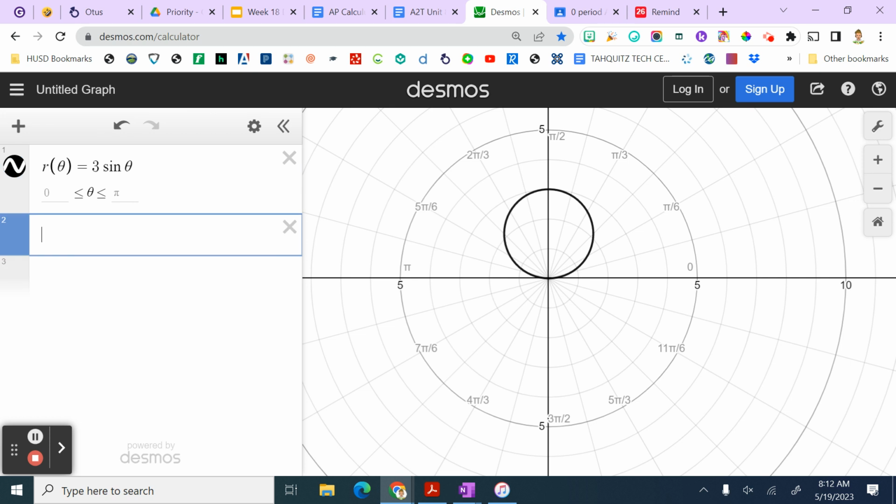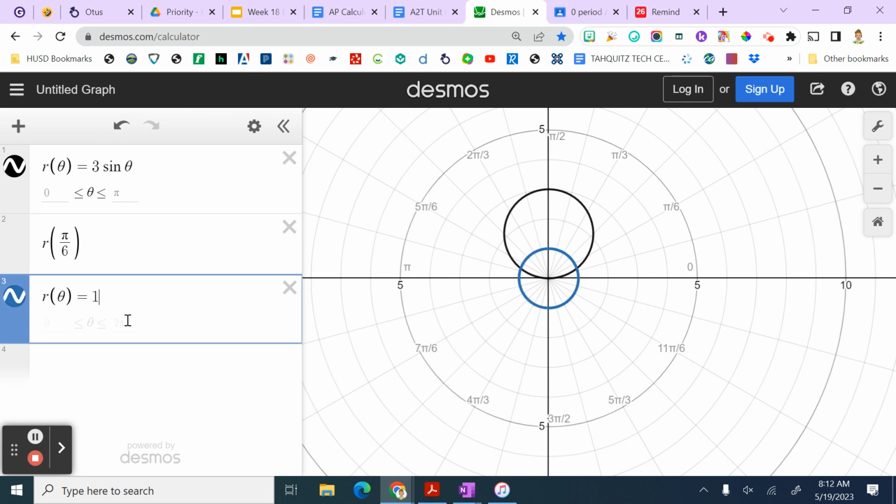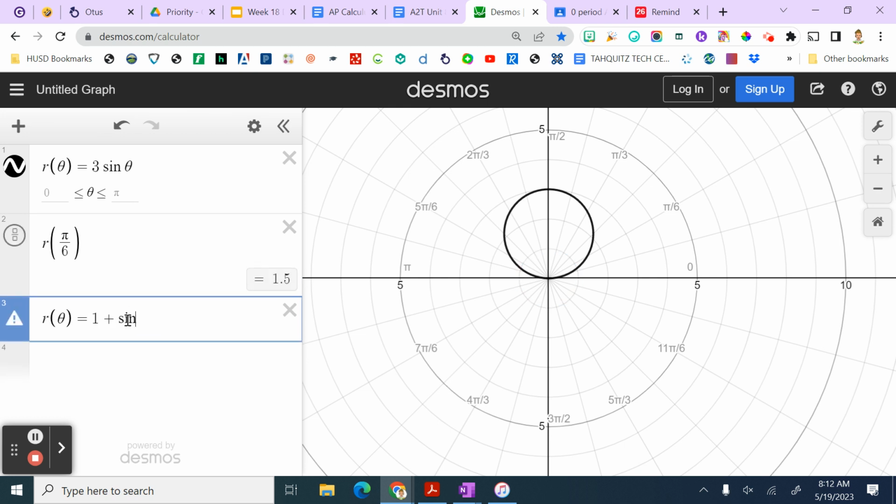All right, so r of pi over 6. This might not work out like I wanted. I got 1.5. Let's see if I do another r of theta, it'll let me do two r of thetas. R of theta equals 1 plus sine of theta.